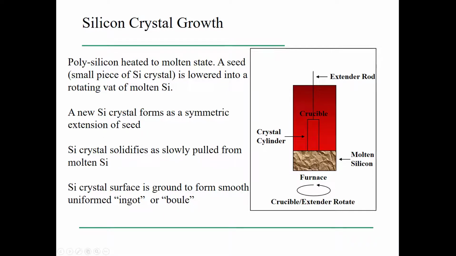So the silicon nuggets are placed in a crucible and heated to a very high temperature, like 1400 degrees Celsius, which is the melting point of silicon. From that molten silicon, a single crystal ingot is grown from a seed, which is a small piece of silicon crystal. There's a video that I'll have you watch that shows this taking place. That's actually kind of cool.